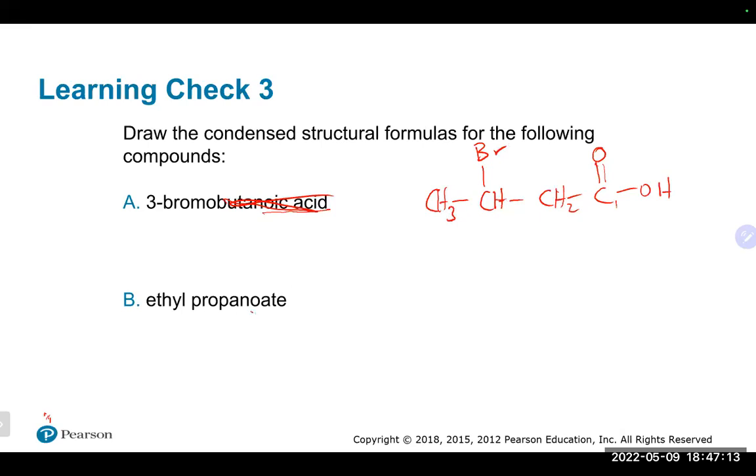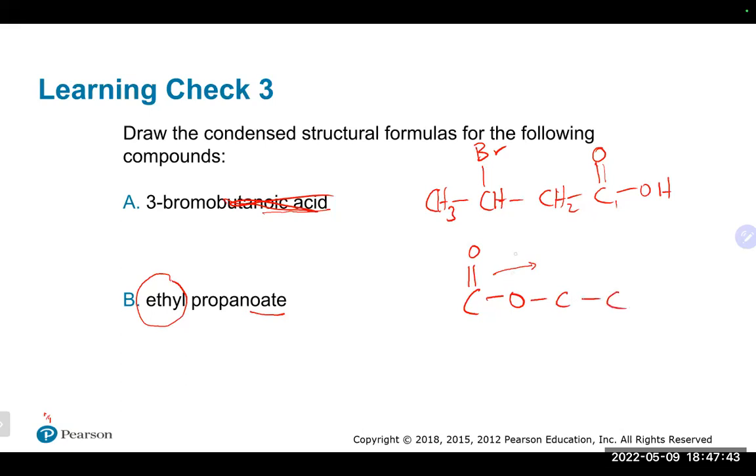This one is oate, which tells me it is an ester. As I talked about, it's sometimes easier to just start with the ester group when you're drawing these. You just need to remember this is the main part of that functional group. And now we know, as we've talked about, that going away from the double bond is our alcohol and really our group part of the name, which is this guy. That's ethyl, which means there are 2 carbons. So I'm just going to add my 2 carbons.